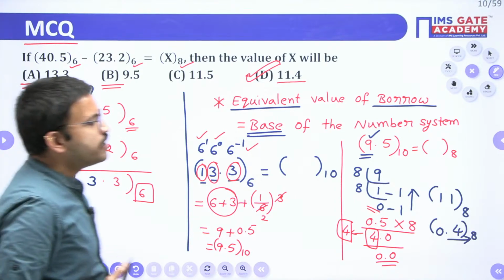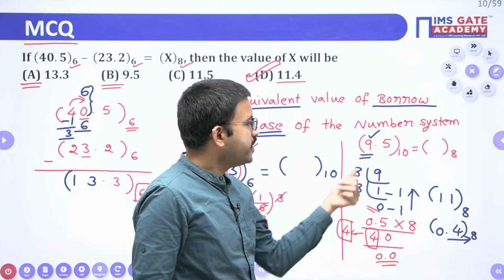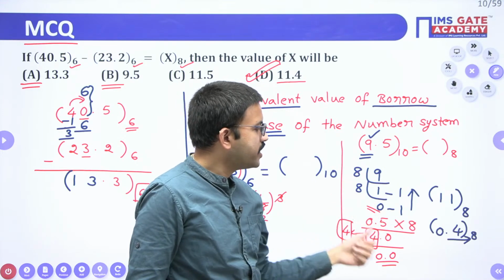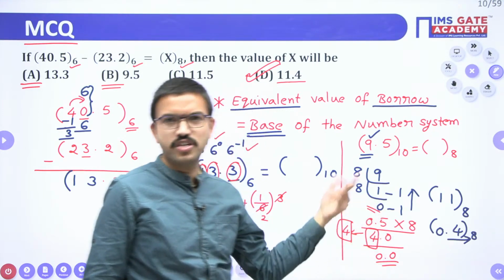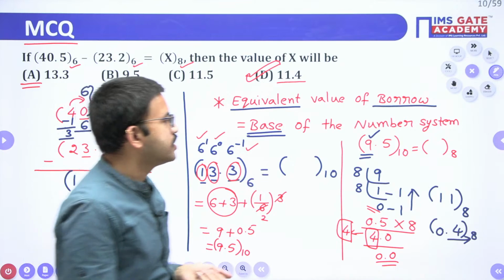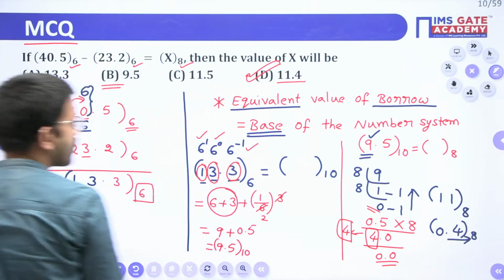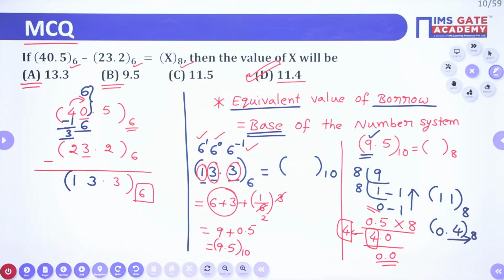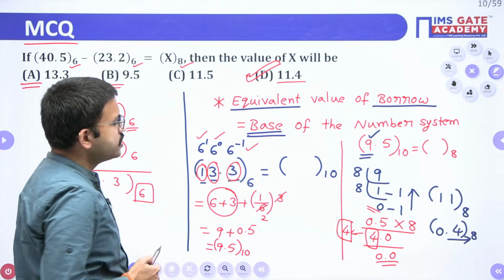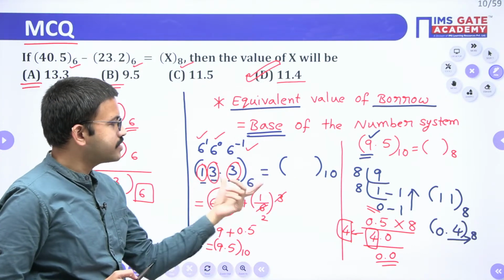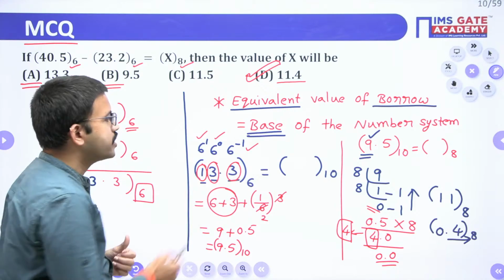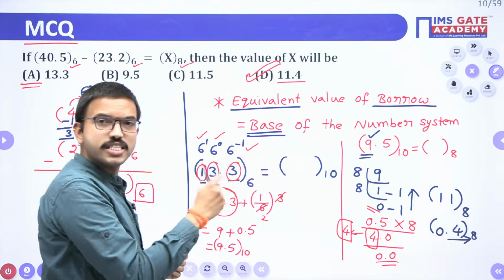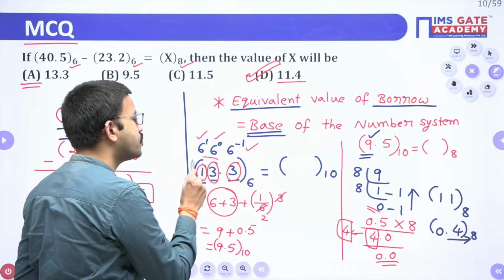You might have the doubt that here we have done repetitive division, and here repetitive multiplication. Why not the opposite? The reason is very simple. When you have a number like this, in order to find the equivalent decimal value, focus only on the integer part.